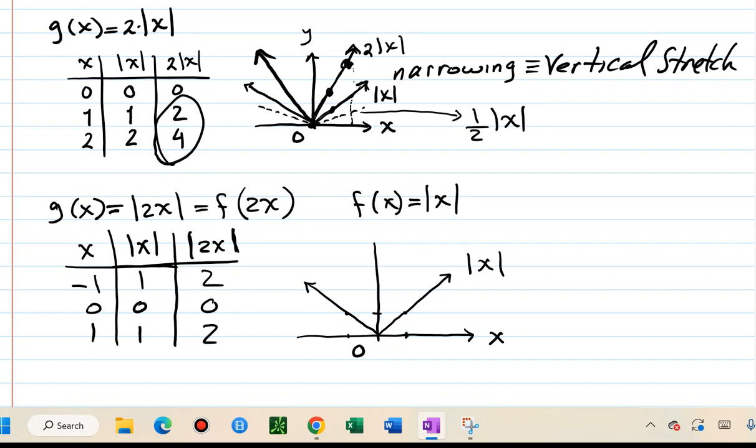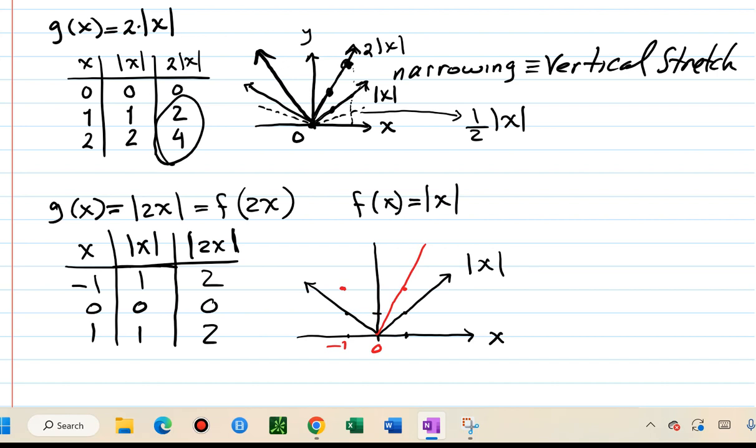Well, for absolute value of 2x, when x is -1, it's going to be 2. So it's now up here actually. It's 2. And when x is 1, it's up 2 this way also. And at 0, 0 is like that.